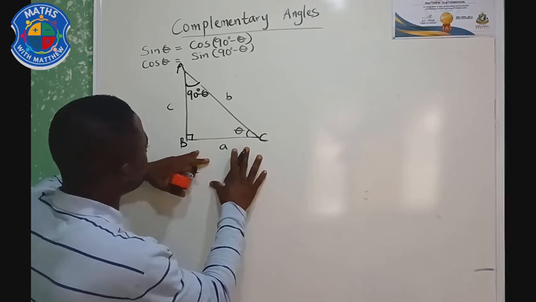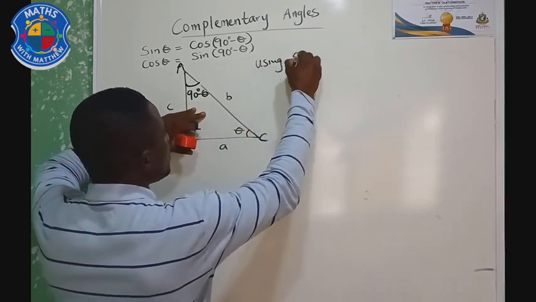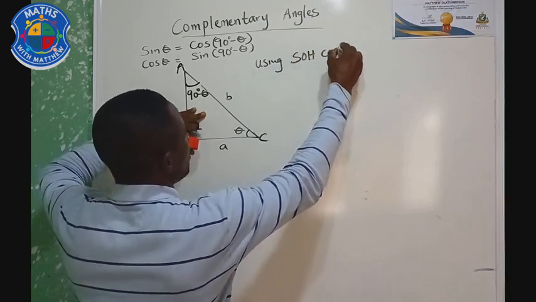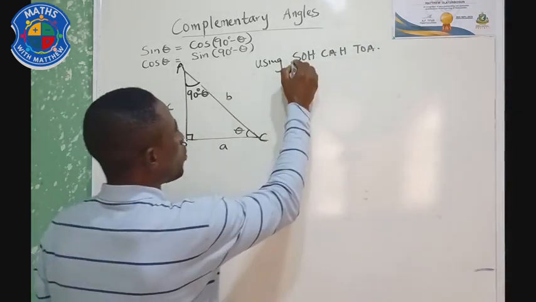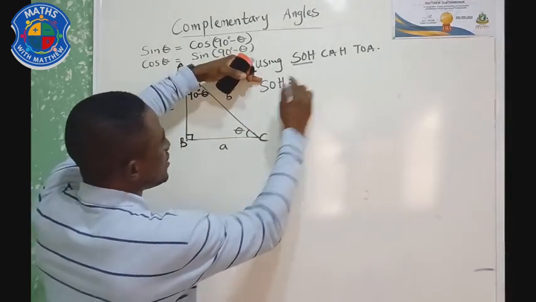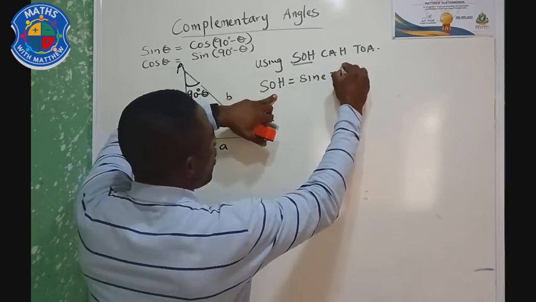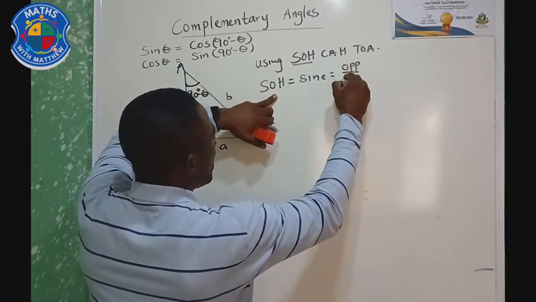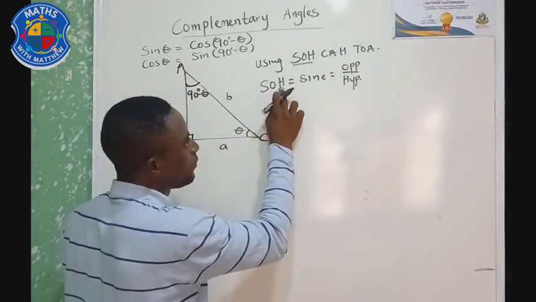So the next thing we have to do now is using SOHCAHTOA. What is the meaning of this SO that we have here? SO means sine equals opposite over hypotenuse. That is, this is the sine, opposite over hypotenuse.